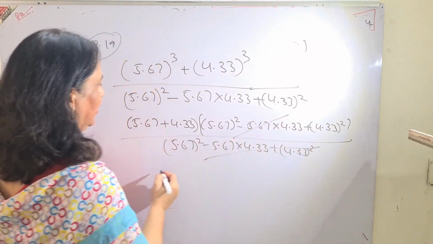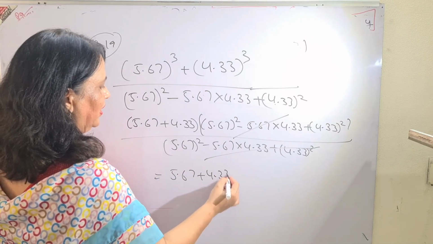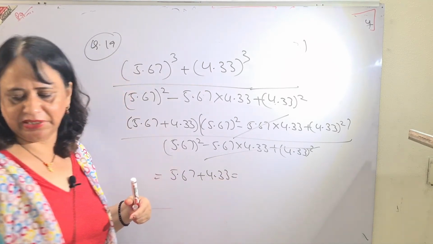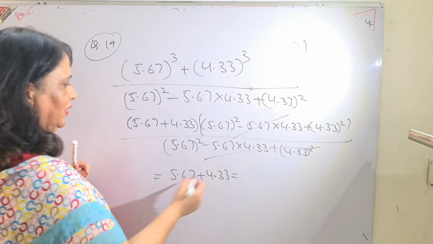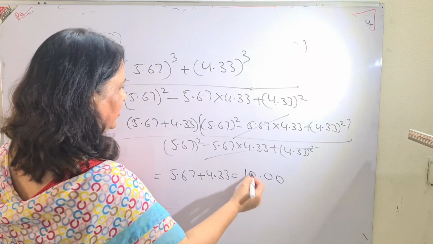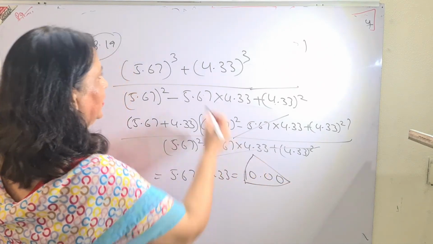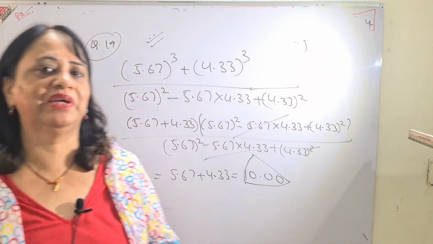This whole cancels with this, and you are left with 5.67 plus 4.33, which you add, and that is your required answer. When you add it, 3 and 7 is 10, 3 and 6 is 9, 1 again, 10, 5, 4, 9, so 10 is your required answer. An important sum that can come in the compulsory section. So this is how we'll do exercise 5D, children.